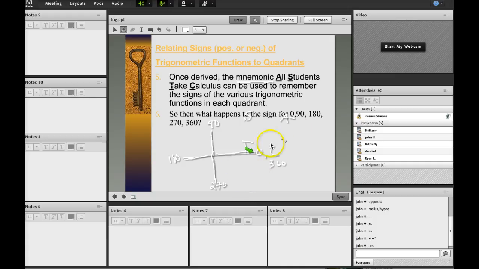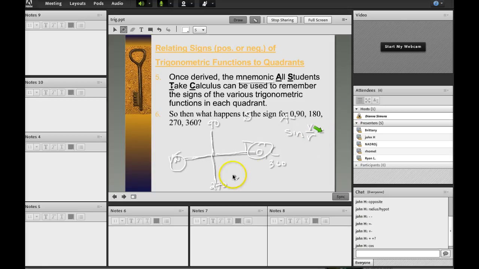So what does that tell us? If sine is y over r, then that means that here and here, what's my sine? 0 and 180, what's the sine?